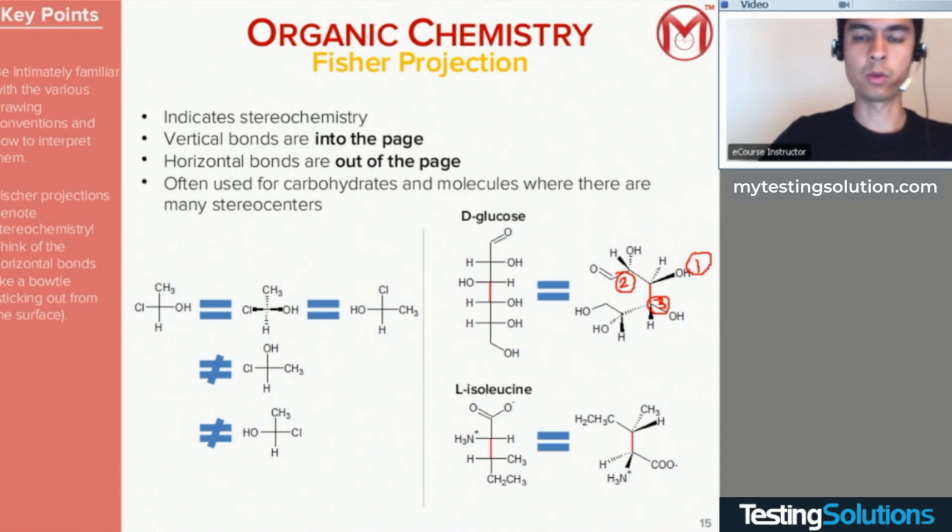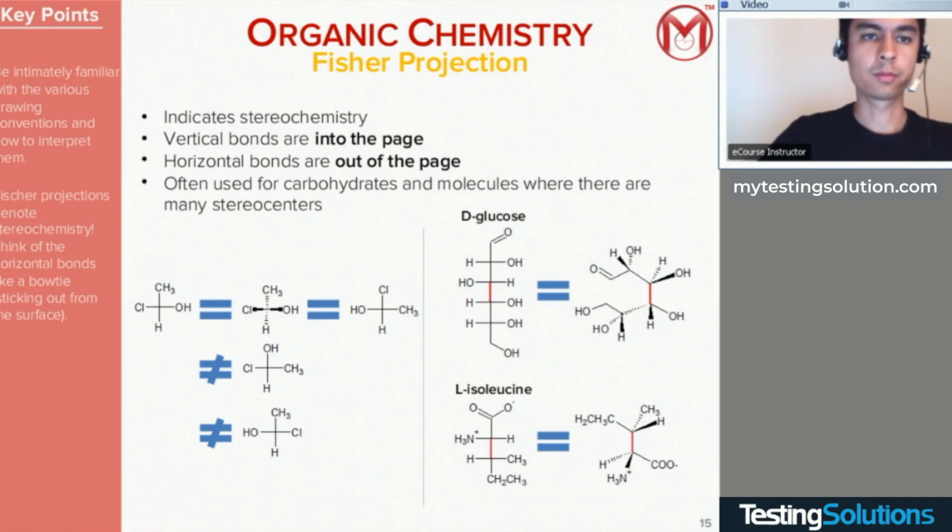I need to align them. I'm going to ignore number 4. And notice that they're all basically pointing at me. So I don't have to reorient how I'm thinking about them. I can just look at them. You can see that they are going counterclockwise. So this is S. So this carbon atom right here is S.